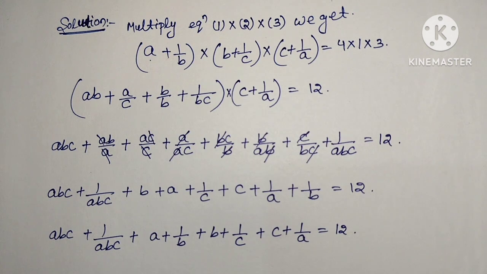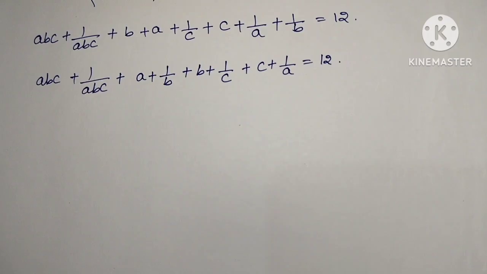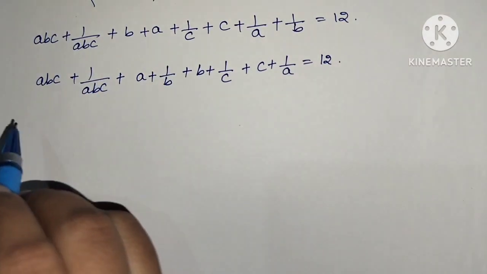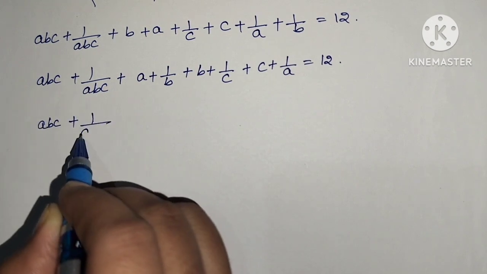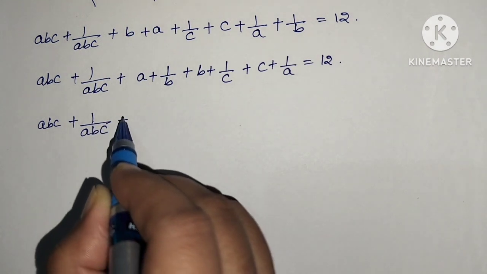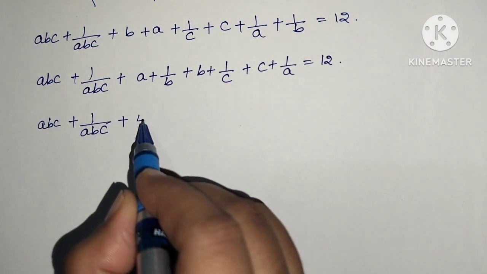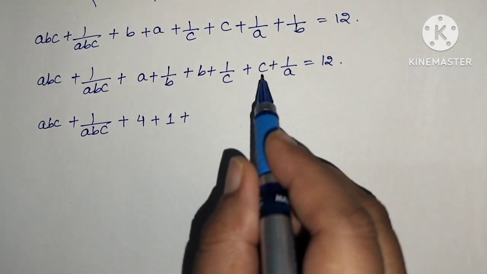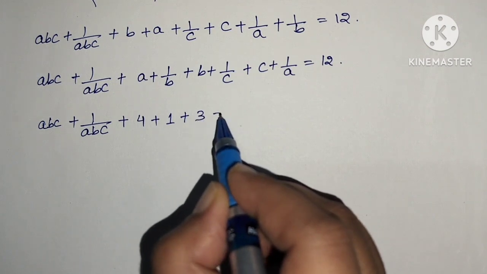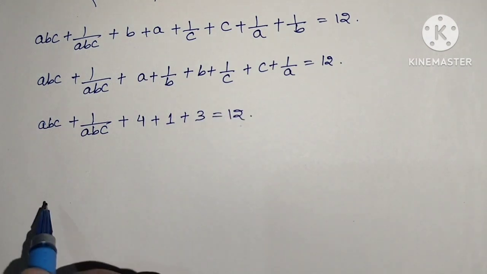In equation 1, 2 and 3 we get the result of A plus 1 by B, B plus 1 by C, C plus 1 by A. Let's put all these values: ABC plus 1 by ABC plus A plus 1 by B is equal to 4, B plus 1 by C is equal to 1, C plus 1 by A is equal to 3. This is equal to 12.